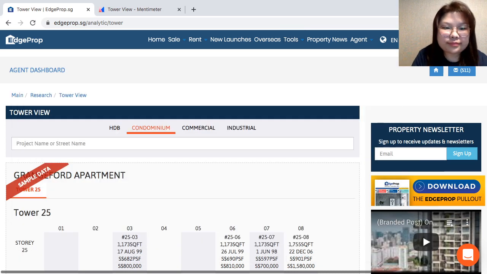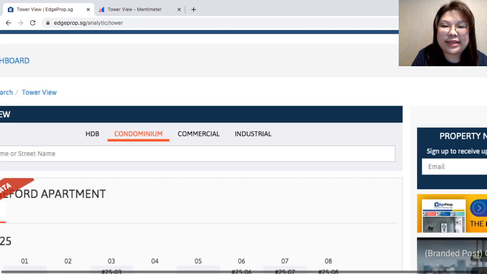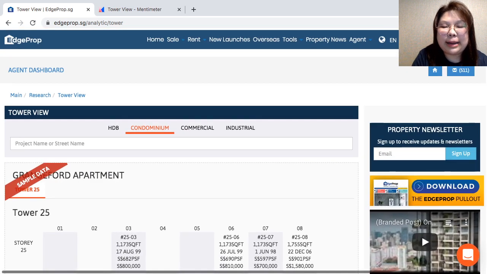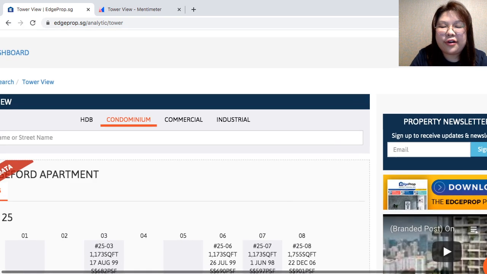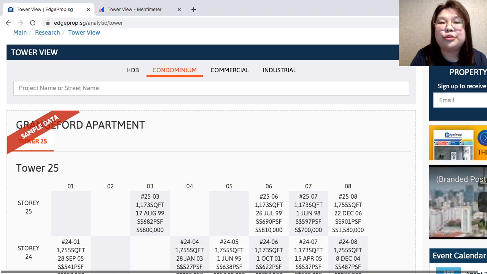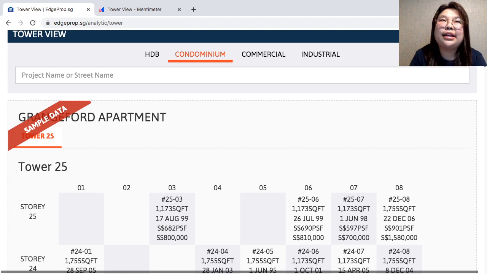Now Tower View, if some of you might be familiar with, is basically your diagrammatic chart. As long as the property that you are searching for has floors and stacks, that means you have your stories and your different stacks, you would be able to use Tower View. What about landed property? The answer is no. Landed property, you can't use Tower View.